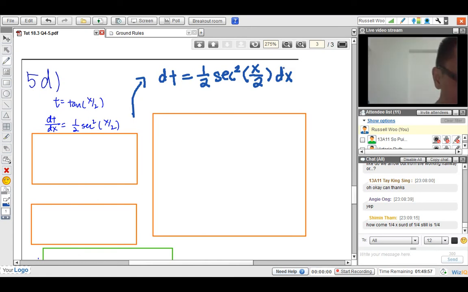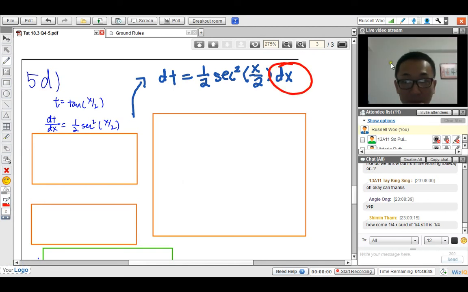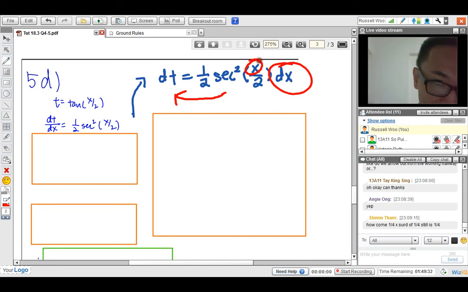Now the issue here would be that in my given integral I only see a dx. Correct? I only see a dx. So now I have to replace dx, I need to bring this over and substitute my dx. Do you follow what I'm saying? But the problem here is this has an x here. I want to change all the x to dt, and this x is getting in the way.